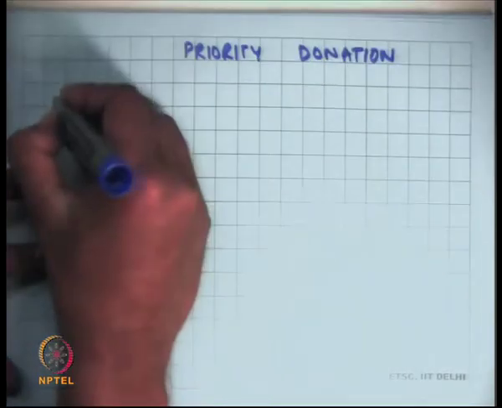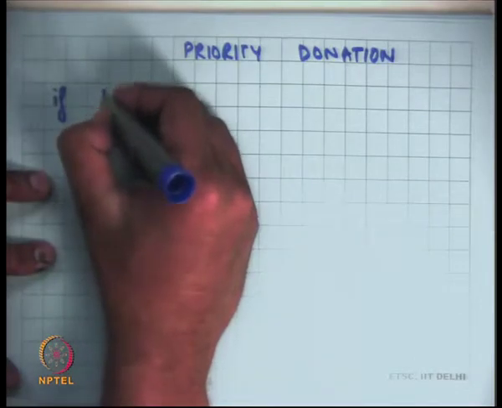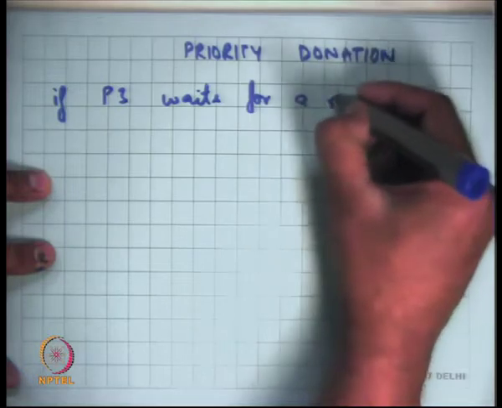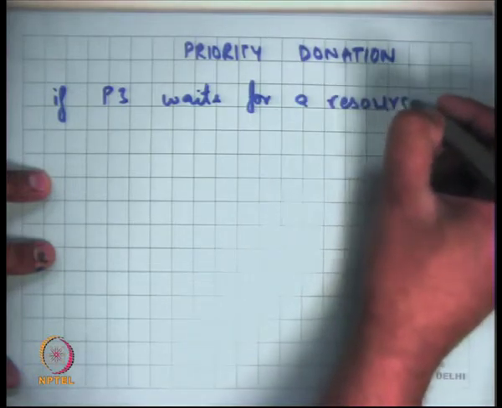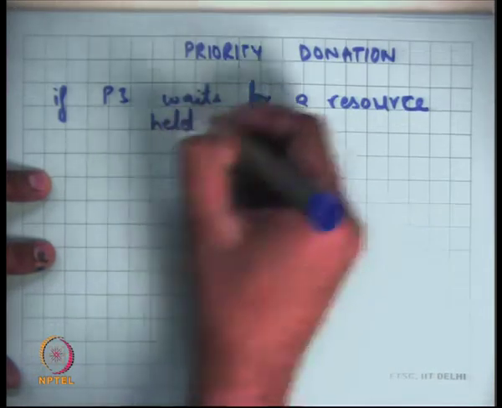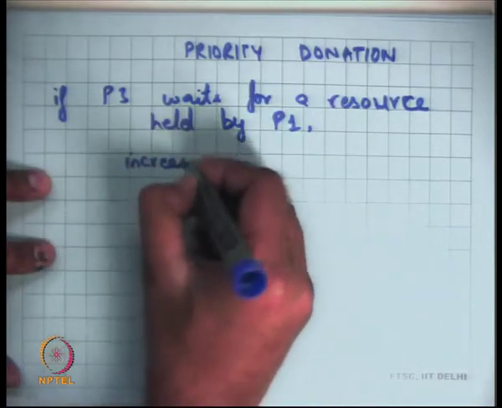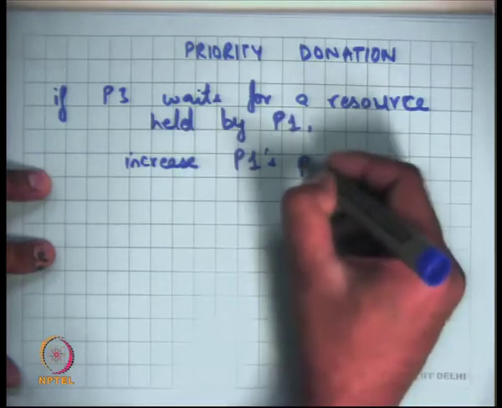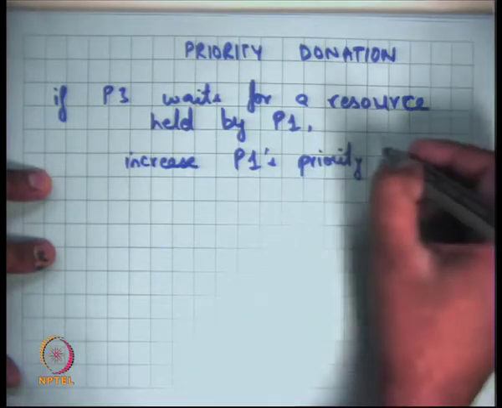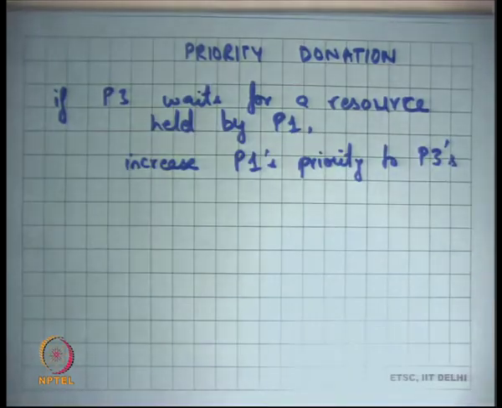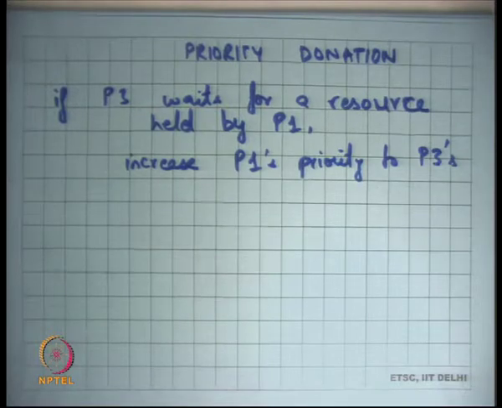It says if P3 waits for a resource held by P1, increase P1's priority to P3's. And so you could solve this priority inversion problem by using priority donation.